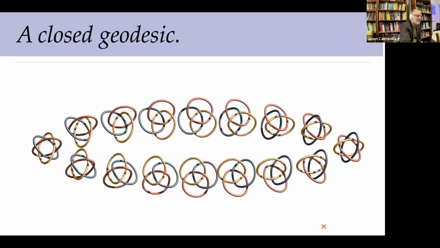Which of course brings us back to the Borromean rings. Because when Henrik came to me and said, we can do these geodesics, I was like, well, have you found any closed geodesics? And he said, no, where would I even look for one? Like I could loop the 3-2 to 2-3 thing, but are there any closed geodesics? And I said, well, I know a closed geodesic in a curved space, or at least I think I do.